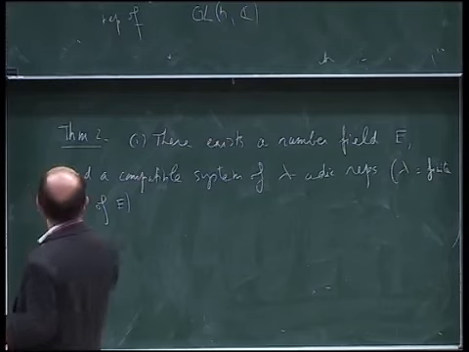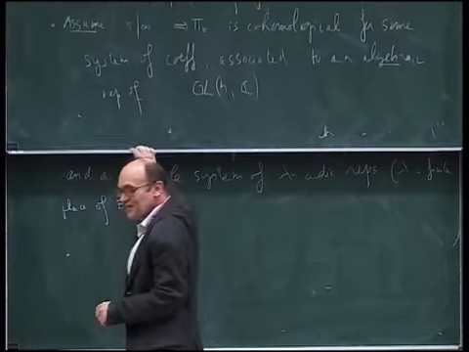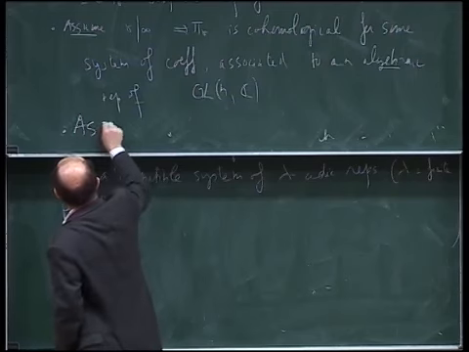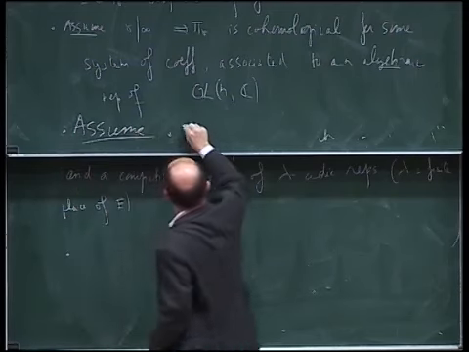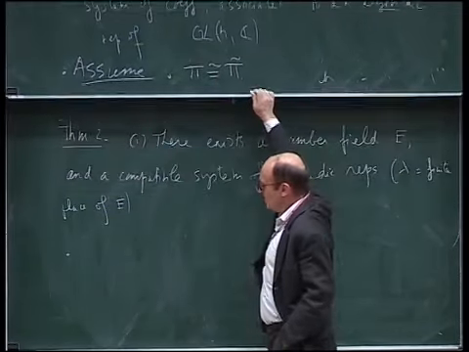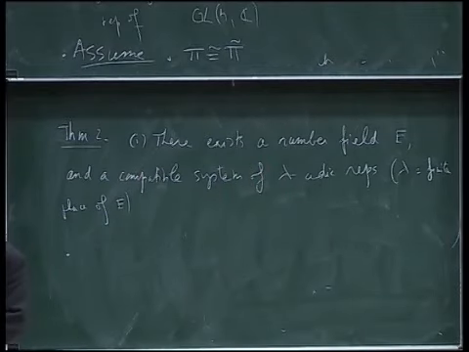Sorry? You don't need a duality? Oh yes, I'm sorry. Actually, of course, all my representations are self-dual here, but I should recall it. So assume pi is isomorphic to its dual. Yes, thanks. And a compatible system of lambda-adic representations of the Galois group.